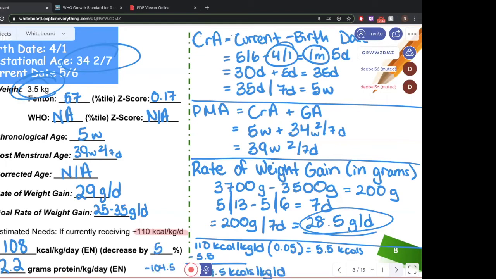If we were to do 10%, it would be 110 times 0.1, and subtracting 11 calories from 110 gives us 99 calories per kilogram per day. So this should be the recommended intake for the infant.